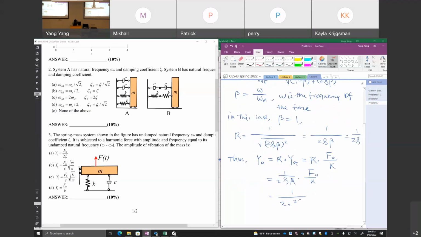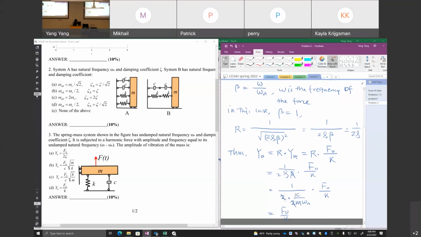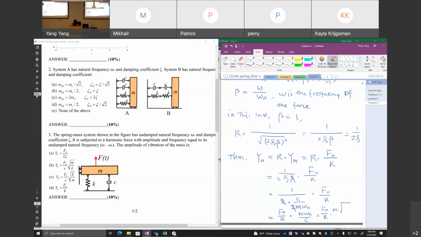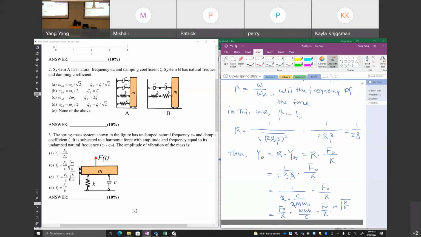That's equal to 2 c over... In this case, we should be able to get that.